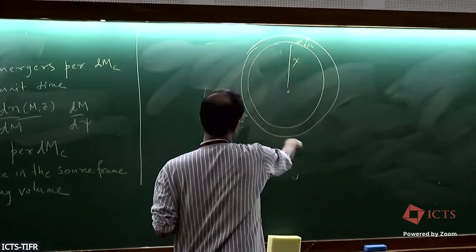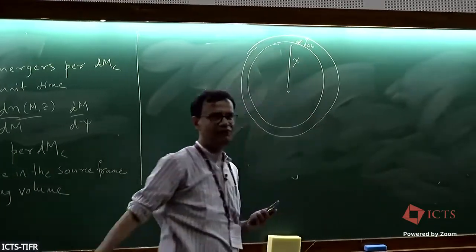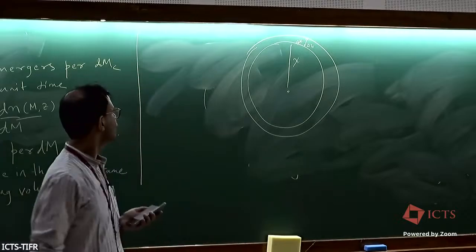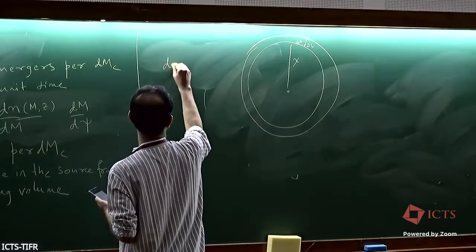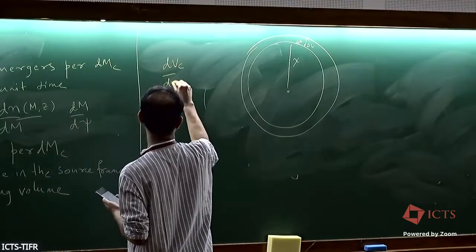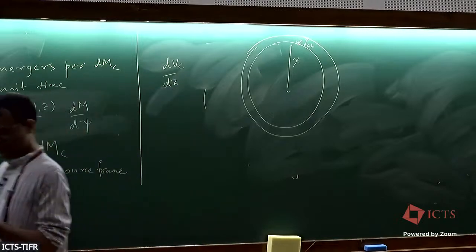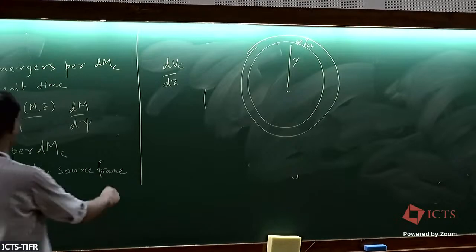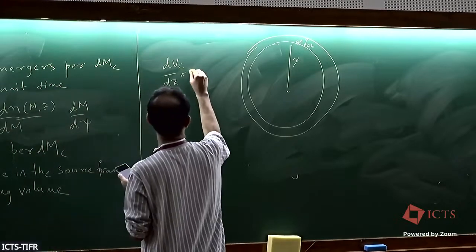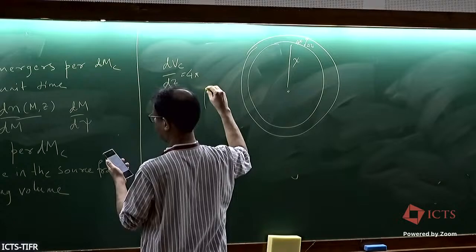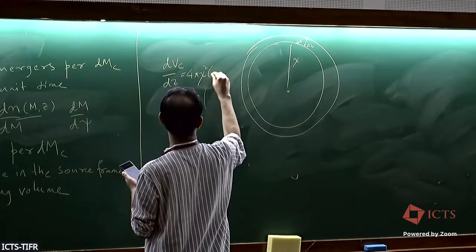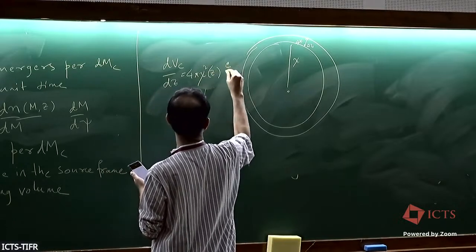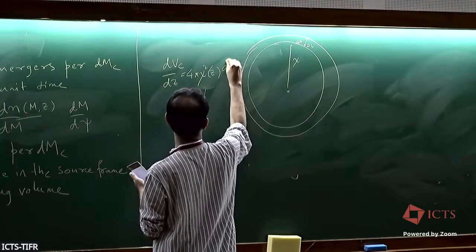I'm saying I'm interested in all the events happening here. So I need to calculate the relation between co-moving volume and redshift, and that will essentially be 4 pi chi squared(z) d chi/dz.